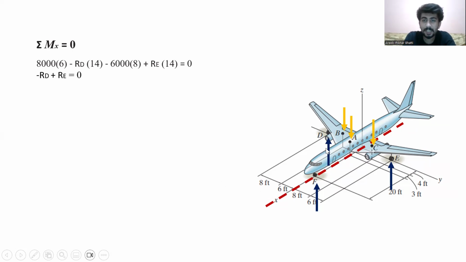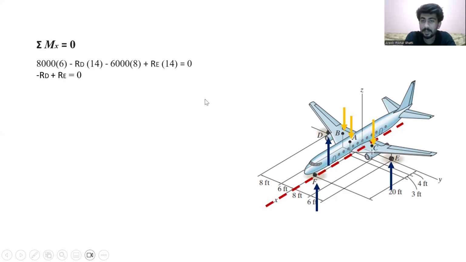And you see it is negative, because it is moving in clockwise direction with respect to the x-axis. We have negative 6,000 pound force, which is the weight acting at point C, and it has a distance of 8 feet. And it is also moving in clockwise direction with respect to the x-axis.